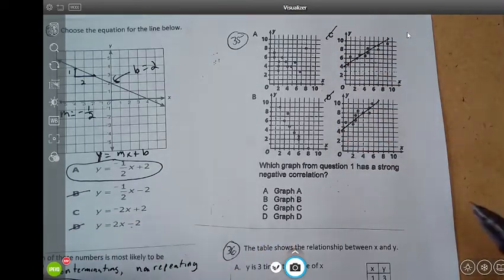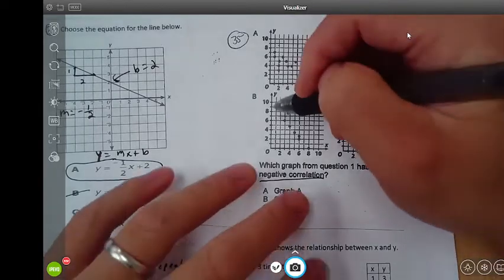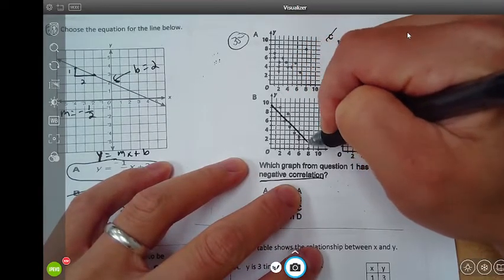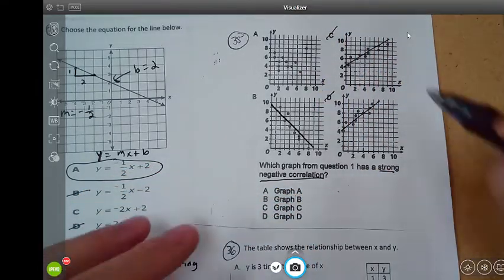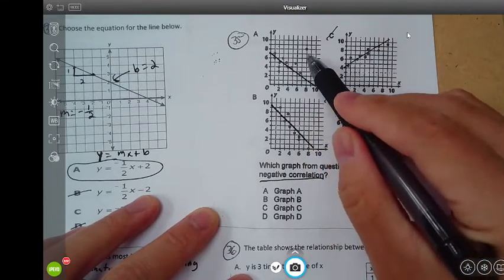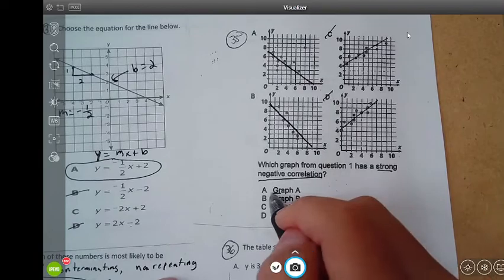If it's a strong negative, then it makes more of a line. These points here in B, if I drew a line of best fit, they make more of a line than these, right? These are more scattered around the line. This B makes more of a straight line. B is your strong negative.